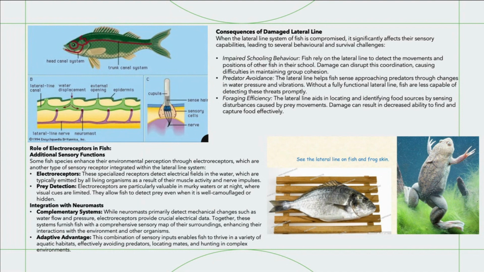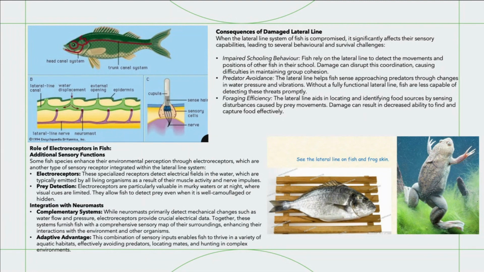So in areas where it's very dark, or the visibility is very low, I mean, their vision is not the best to begin with anyway, but in areas where their vision is impaired, they can use this lateral line system that has the electroreceptors in order to find their prey very easily, even if their prey is well camouflaged.